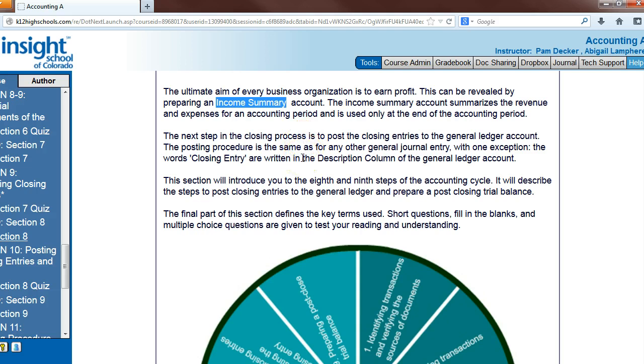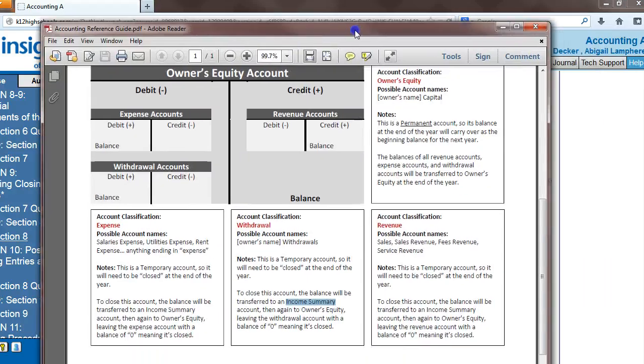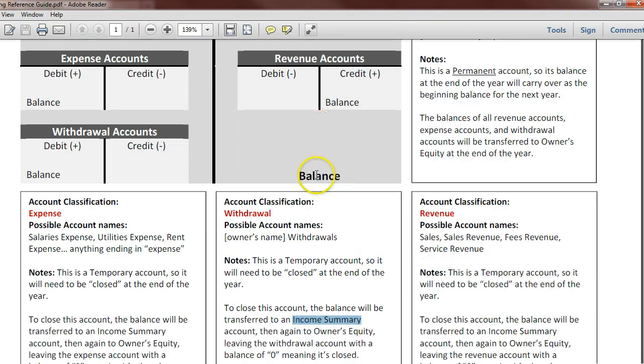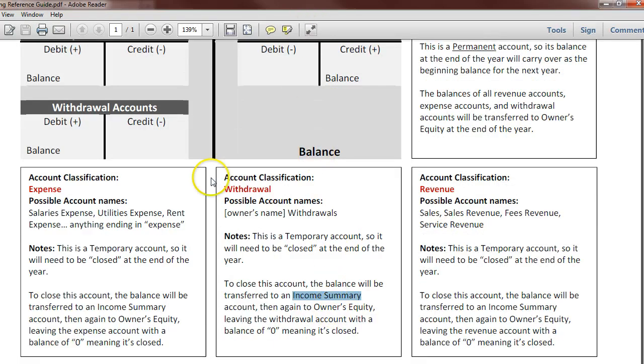Notice I'm not including withdrawal. We're just closing out revenue and expenses to income summary. And if you have your handy dandy reference guide, you'll notice that for my expense account, to close this account, the balance will be transferred to income summary.